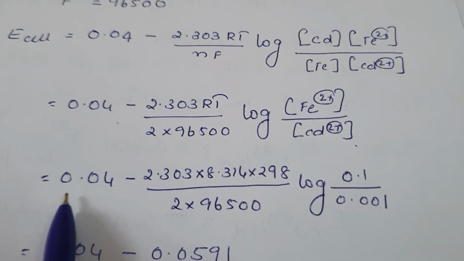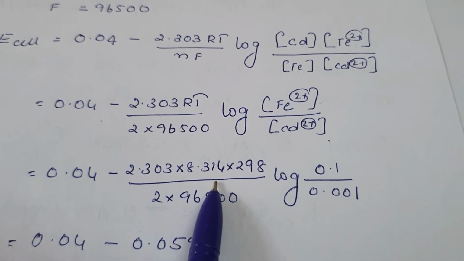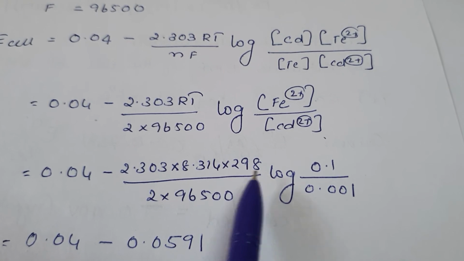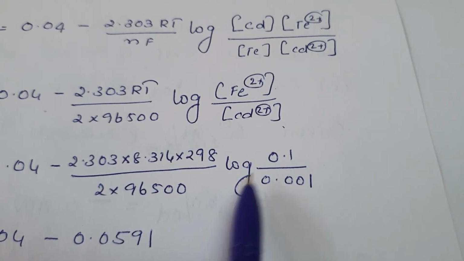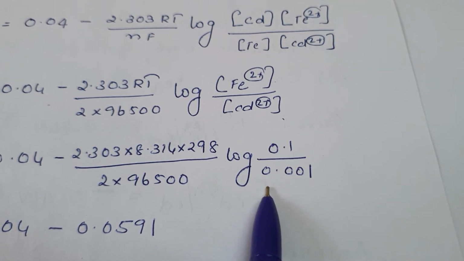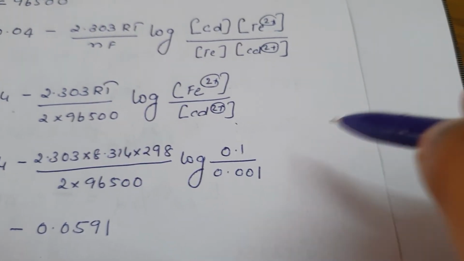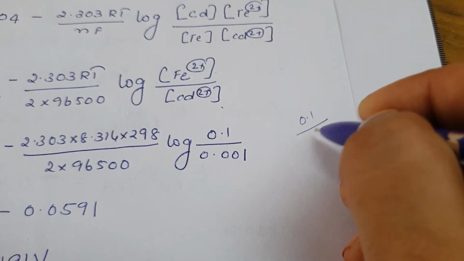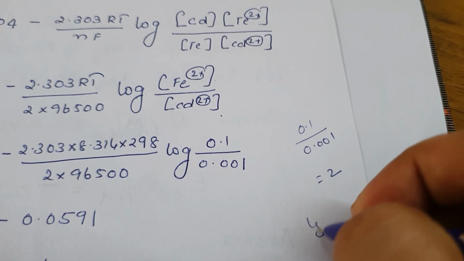So what will it become? 0.04 minus 2.303 into 8.314 into 298 divided by 2 into 96500 into log 0.1 divided by 0.001. So when we do this, 0.1 divided by 0.001 is equal to 2. So this is log 2.